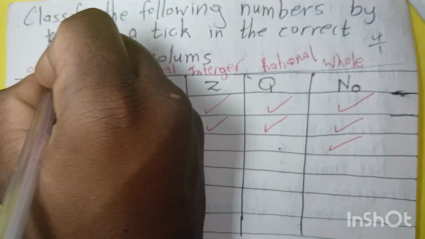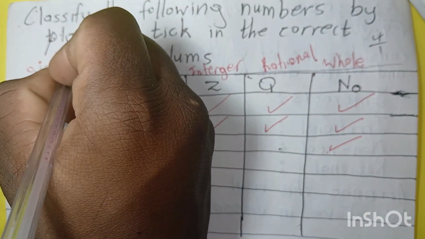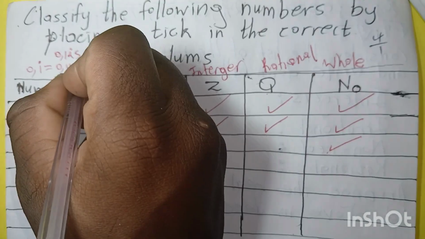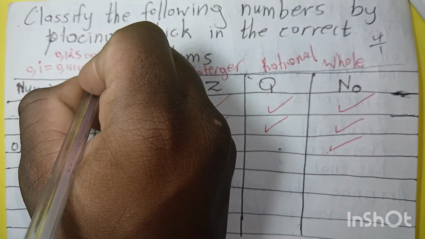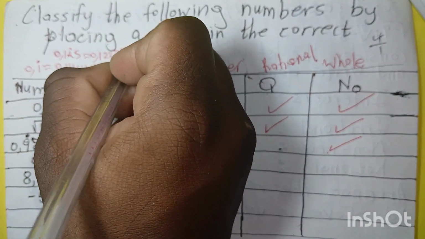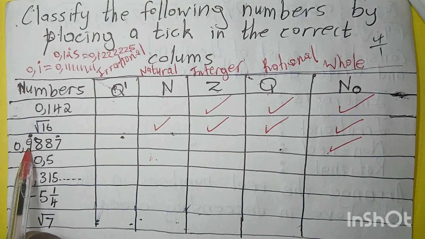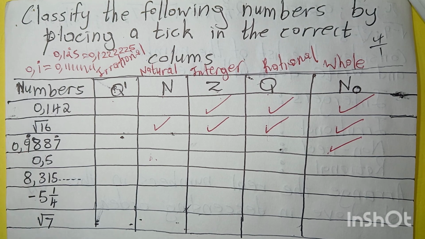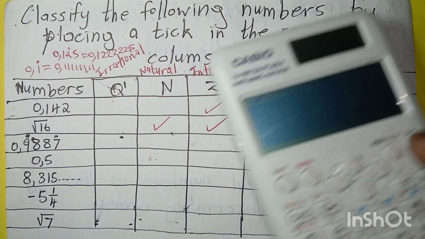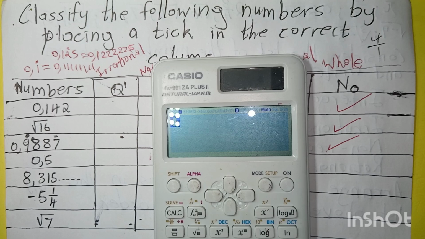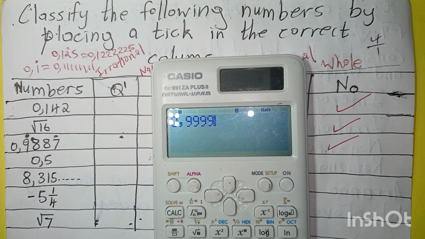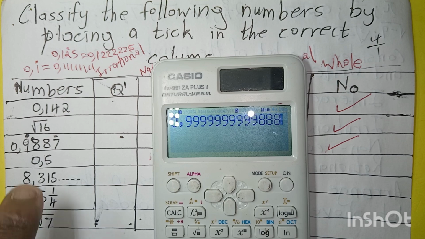Then if you see 0.125 with a dot, that dot represents 0.12222 until 5. That dot represents the 9 continuing. Do you understand? We have the repetition of 9. Something like this, we got 0.999999999 until 22. And we got 7.